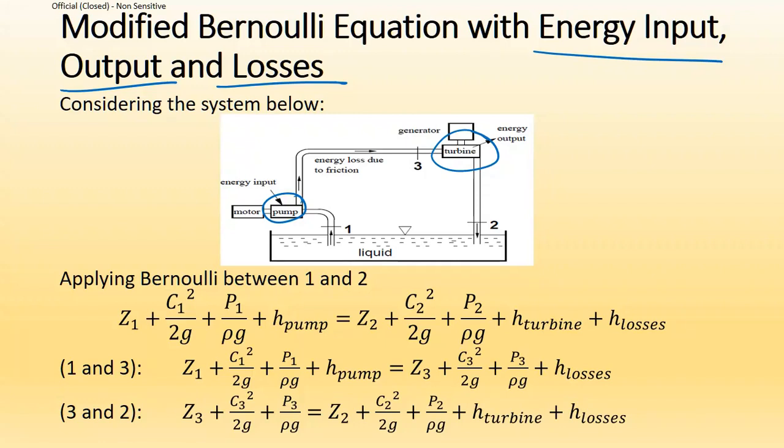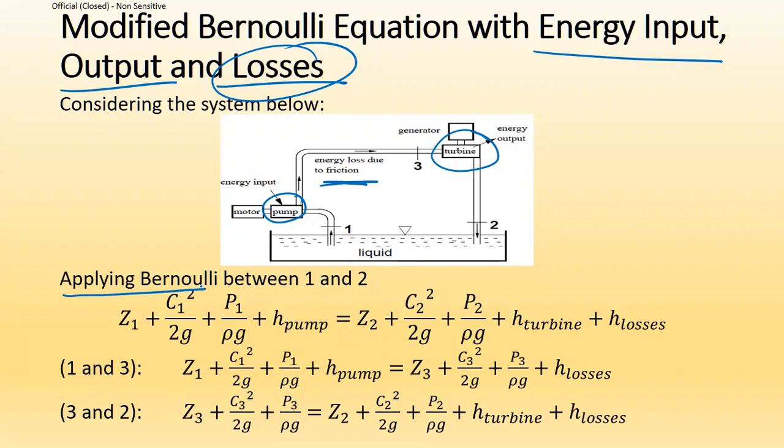Turbine extracts energy from the fluid flow, pump inputs energy into the fluid flow, and the losses mainly occur due to friction. When the water flows within the pipe or through your valves and stuff, it will lose energy due to friction.